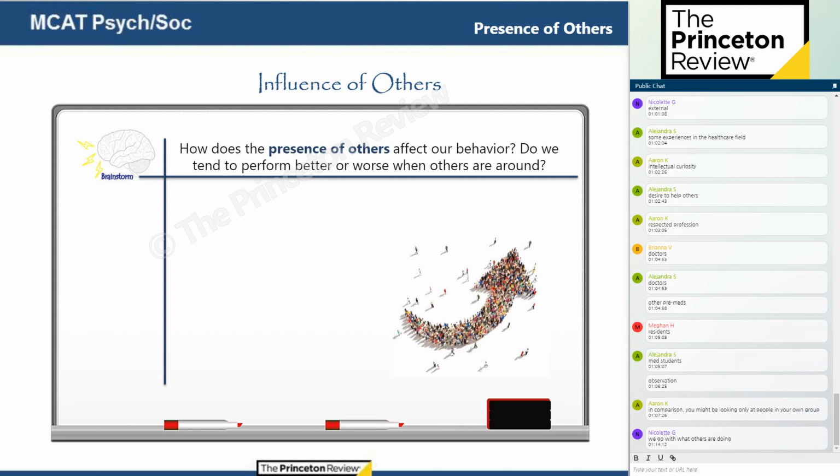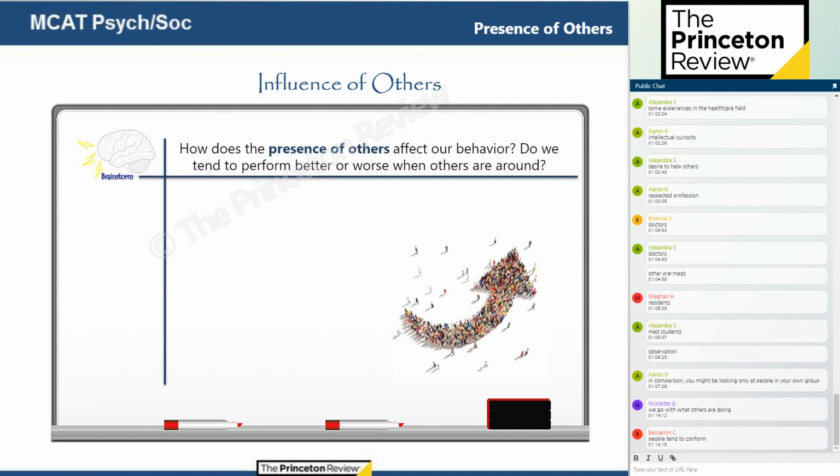Yeah, we tend to go with the herd, right? But not always, because we do have some folks that are not conforming. Most folks conform, but we do have some that don't.